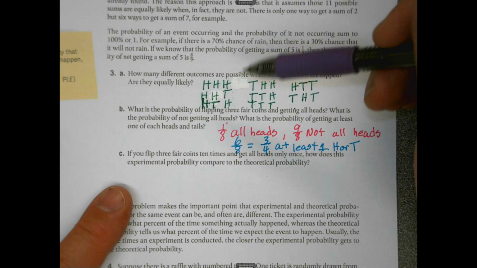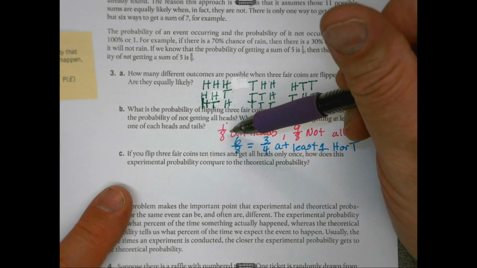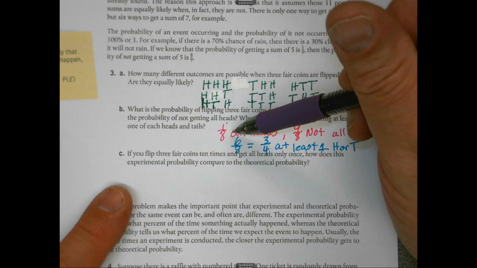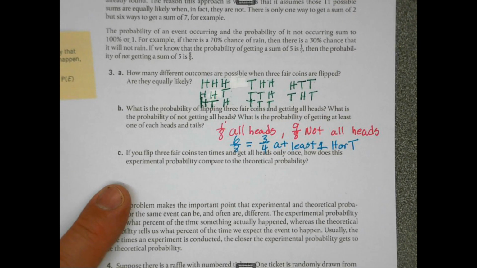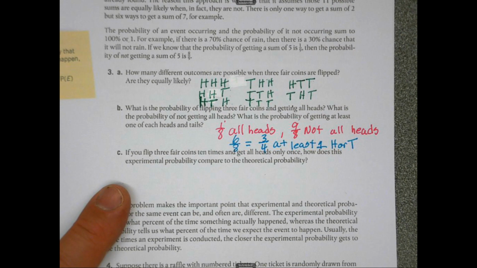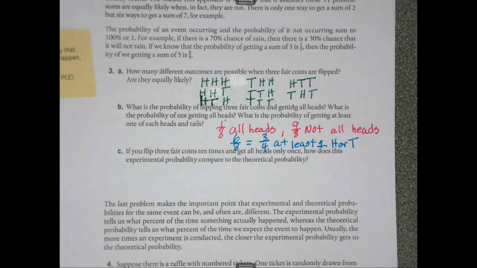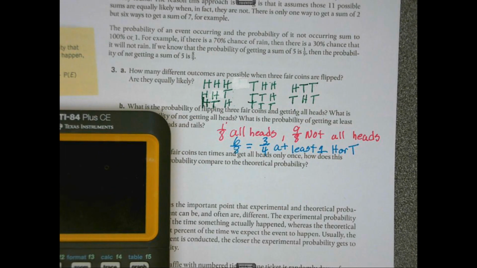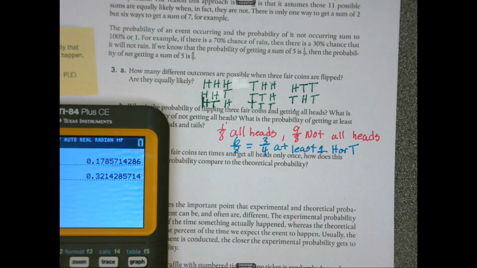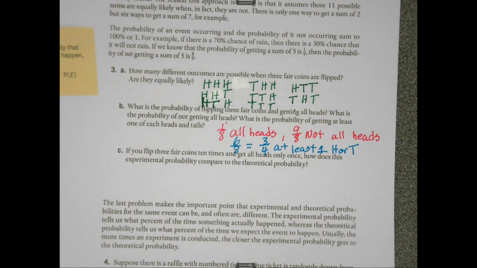How does this experimental probability compare to the theoretical? So theoretical probability says that it would be 12.5% or 1/8.